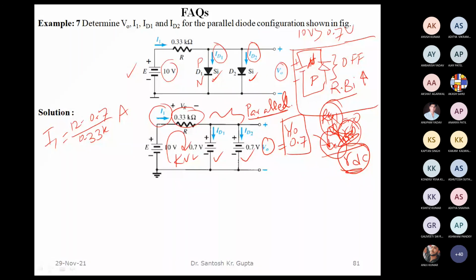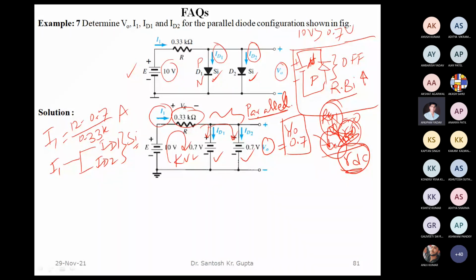Now this current is passing through two paths, as there are two diodes. The current I1 is now branching into ID1 and ID2, and because both are silicon diodes, the currents are going to be equal.